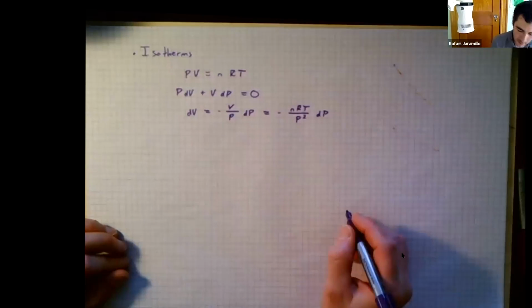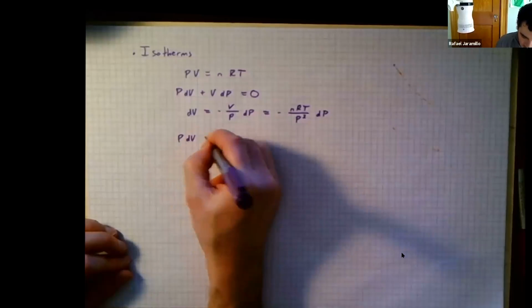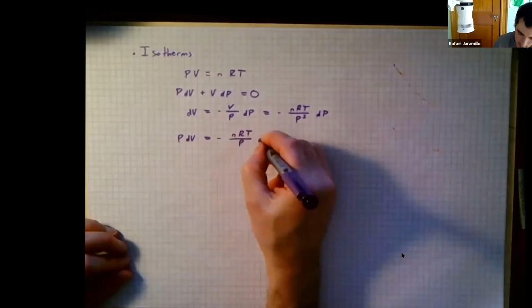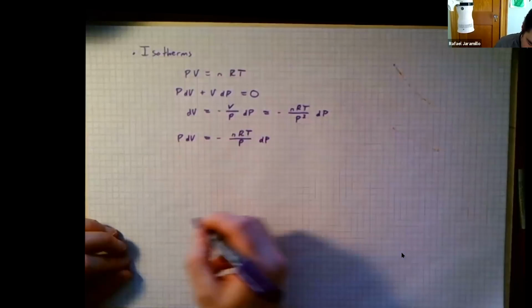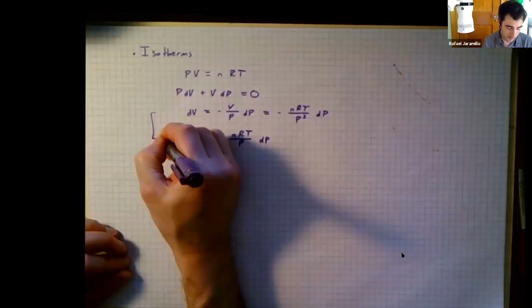Okay, so P dV equals minus nRT over P to the power of 1 times dP. All right, so that was useful, right?